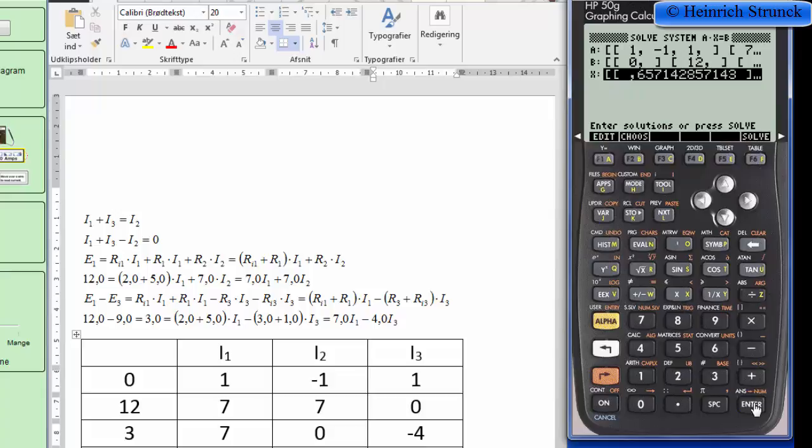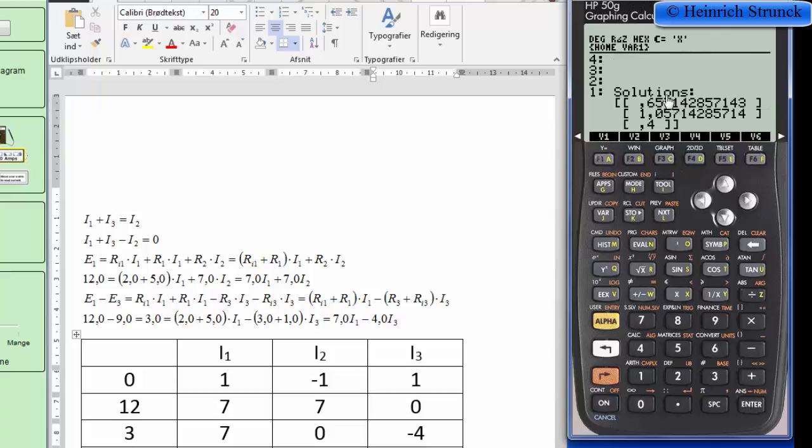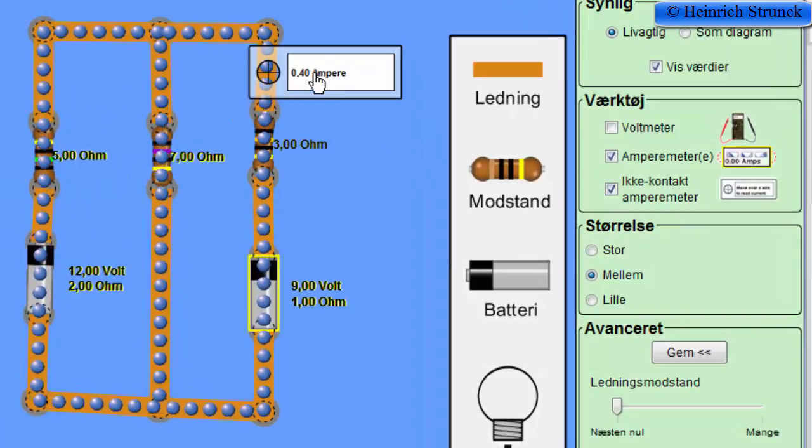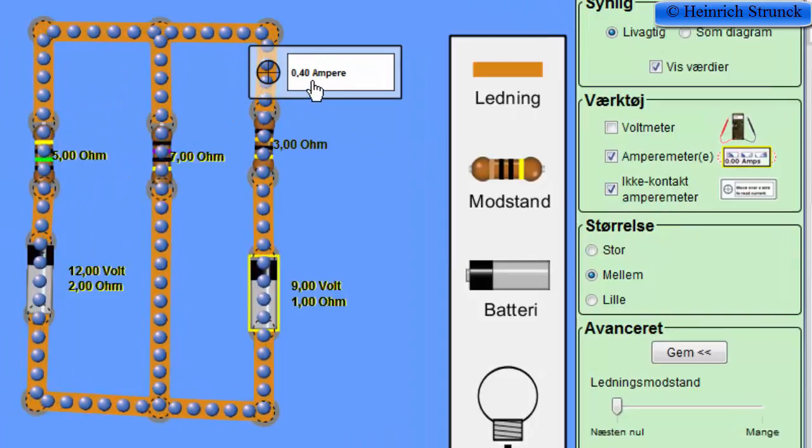We can press enter to get the 3 values, and we can see up here that's the value for current number 1, current number 2 and current number 3. We can see it is 0.4 amp, and if we go over here, yes, it is 0.40 amp.